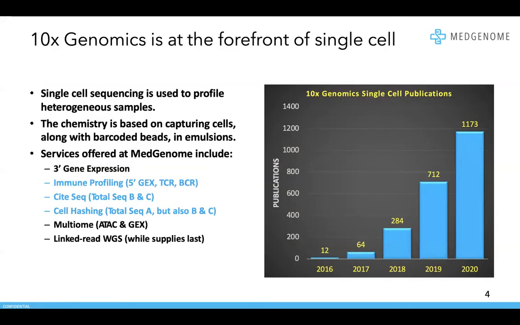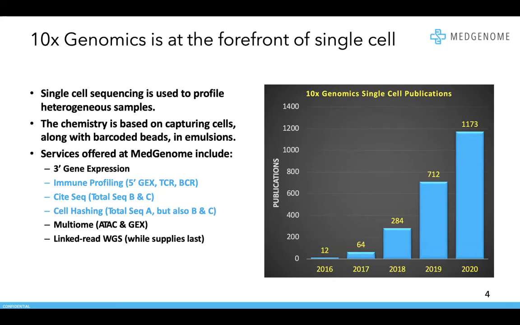So to review a few things, single cell experiments are used when you have heterogeneous samples and you're interested in learning more about the individual cells or the subpopulations of cells in your sample. The platform does require a single cell suspension. So PBMCs are the easiest population to study, and that's what we see in most of our projects. But the platform does also work from other tissues that have been dissociated into single cell suspensions or even single nuclei suspensions.